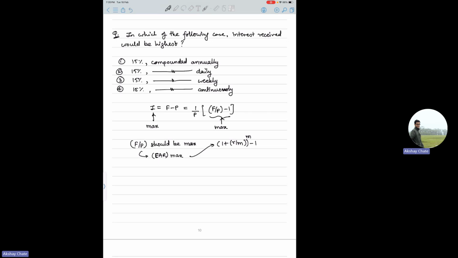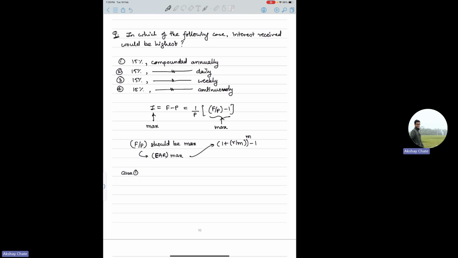Let's talk about annual, because the largest time period given in the options is annual. Other frequencies are more frequent than annual, so the effective interest rate is good enough to judge.